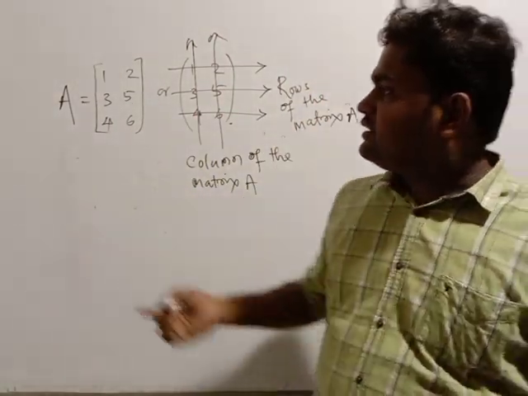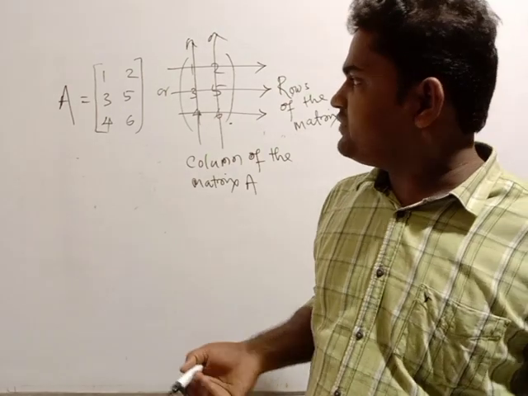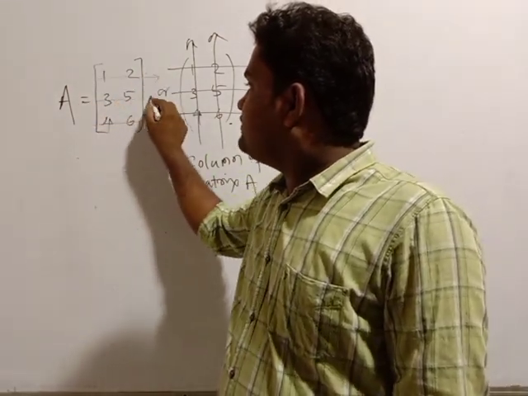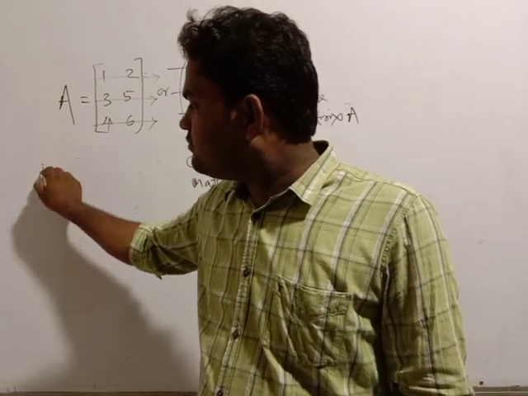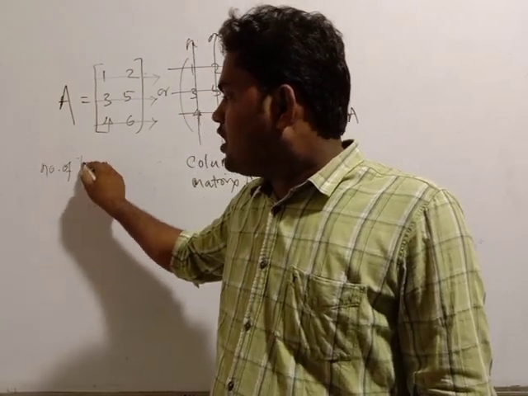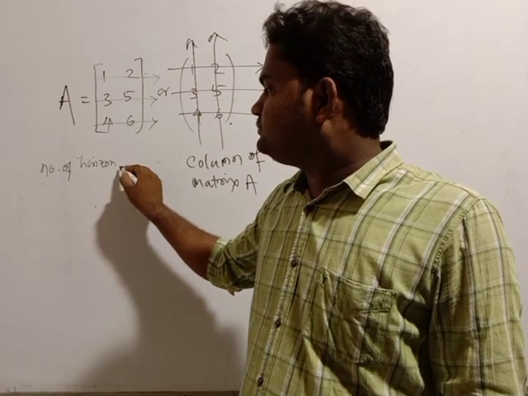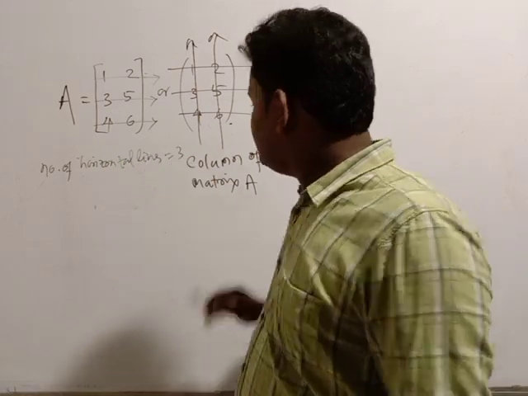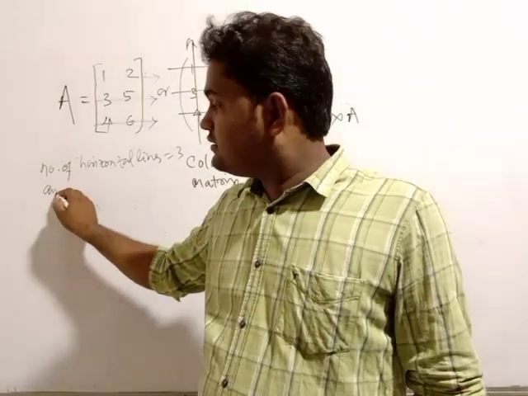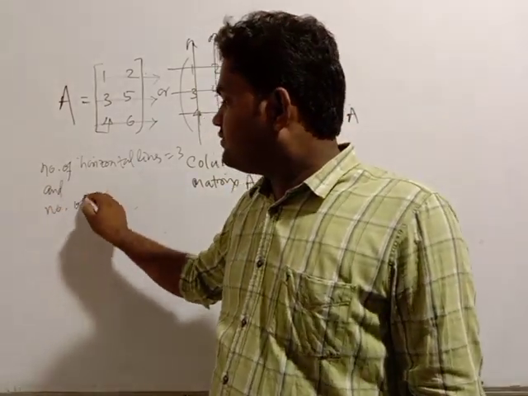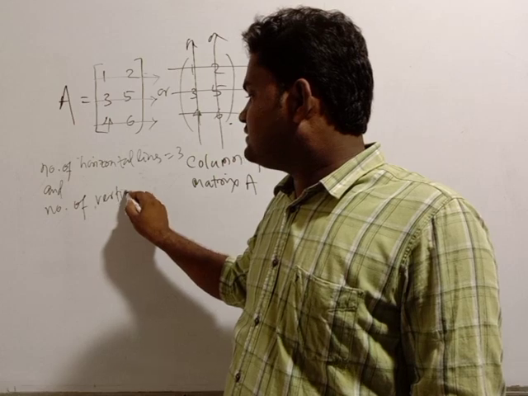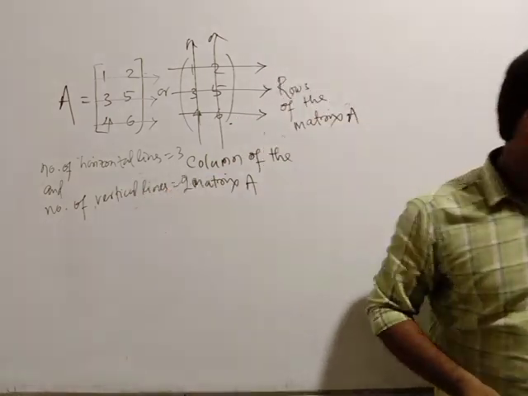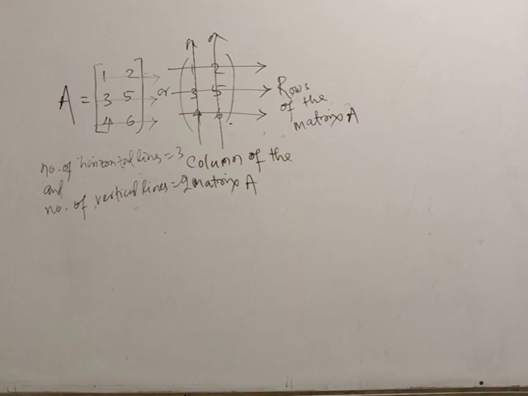Look at here, in this matrix A, the number of horizontal lines is equal to 3, and the number of vertical lines is equal to 2.